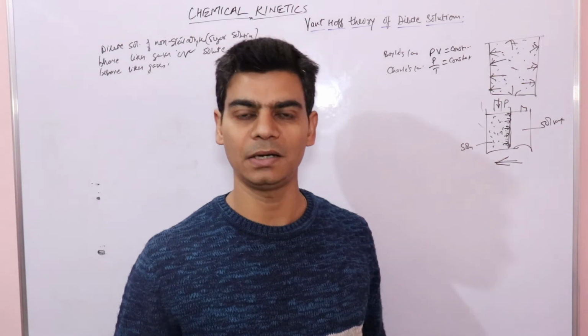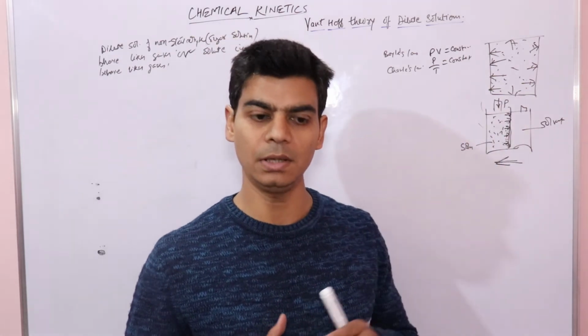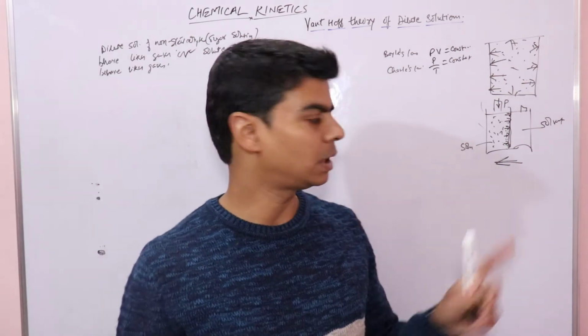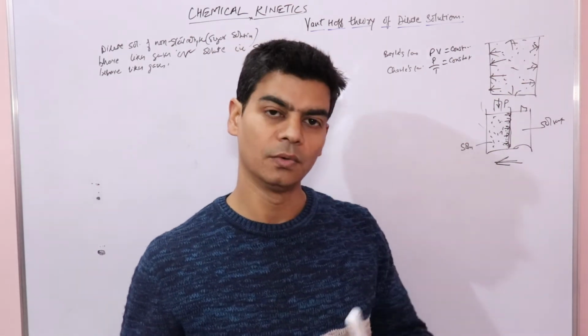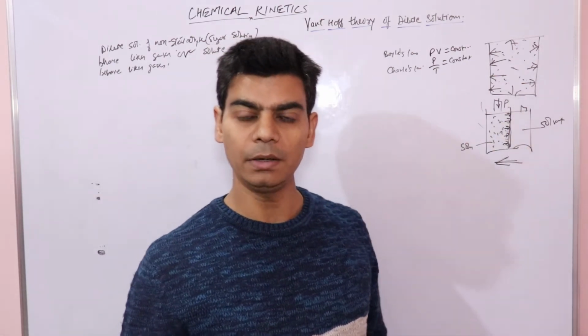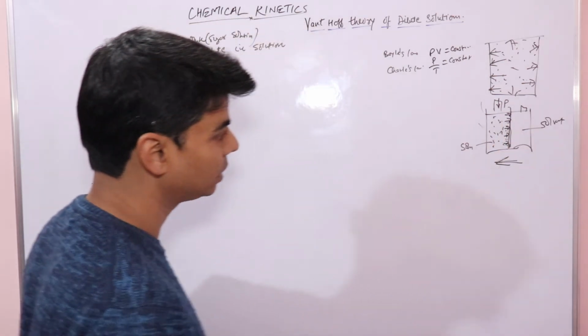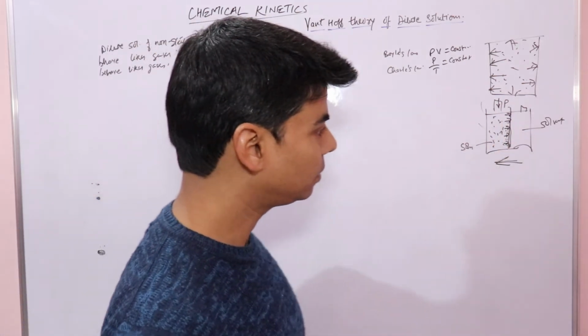Osmotic pressure is directly proportional to the concentration of this solution, and concentration is nothing but the number of solute particles in the solution, which is exerting a pressure on this semi-permeable membrane due to the bombardment of these solute particles.